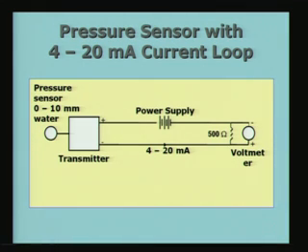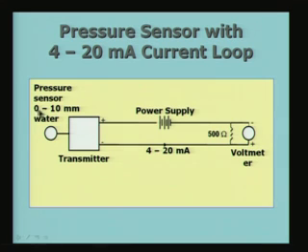In fact, we are coming back to this particular sketch. In the last lecture I also talked about the 4 to 20 milliampere current loop. I have a pressure sensor with a 4 to 20 milliampere current loop, and the pressure sensor is now capable of measuring 0 to 10 millimeters of water. If you remember in the example which I worked out, it is about 6 millimeters the maximum.